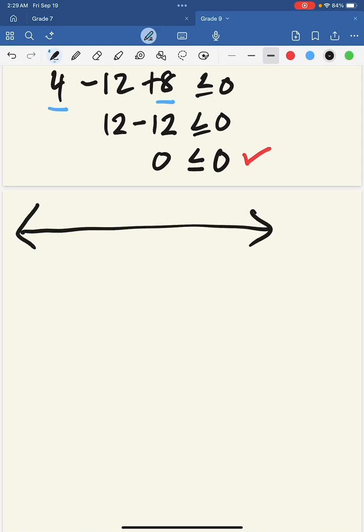So we have here -4 and -2, and the number in between is -3. So let's shade this one. The numbers before -4 are -5 going to negative infinity, and the numbers after -2 are -1 going to infinity.